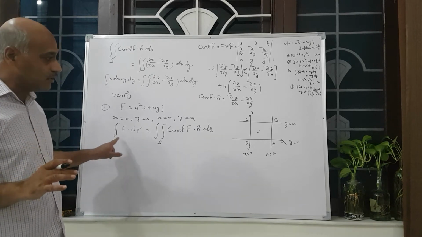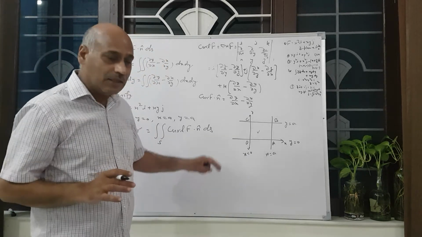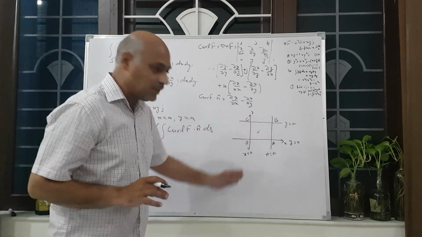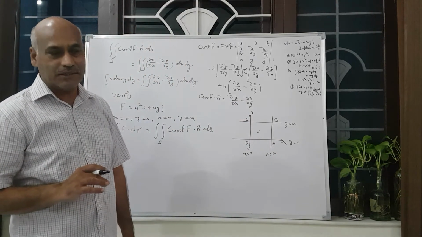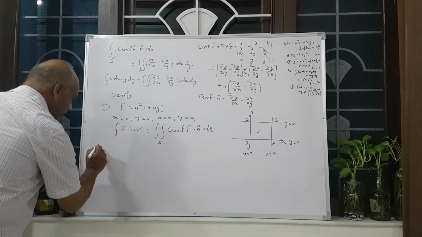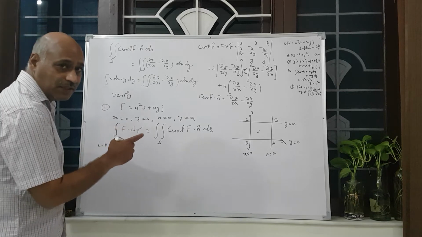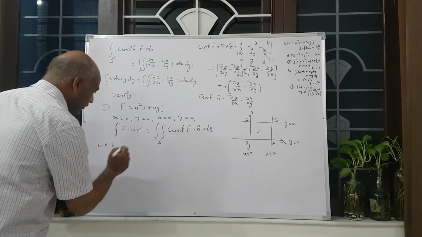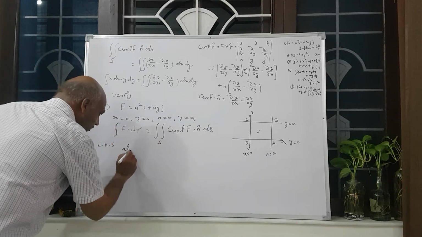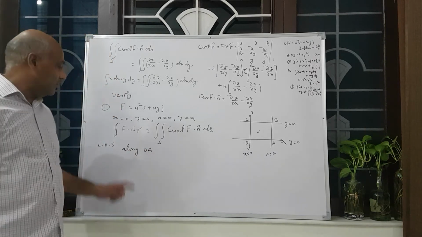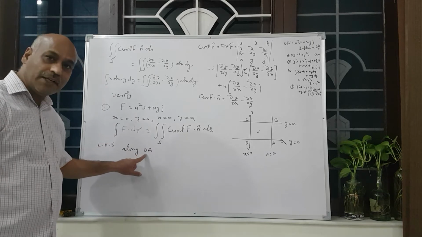Single integral, line integral. So we have to calculate the integral along these lines, one by one. So for the left hand side, first we integrate along line OA, integral f dot dr along line OA.